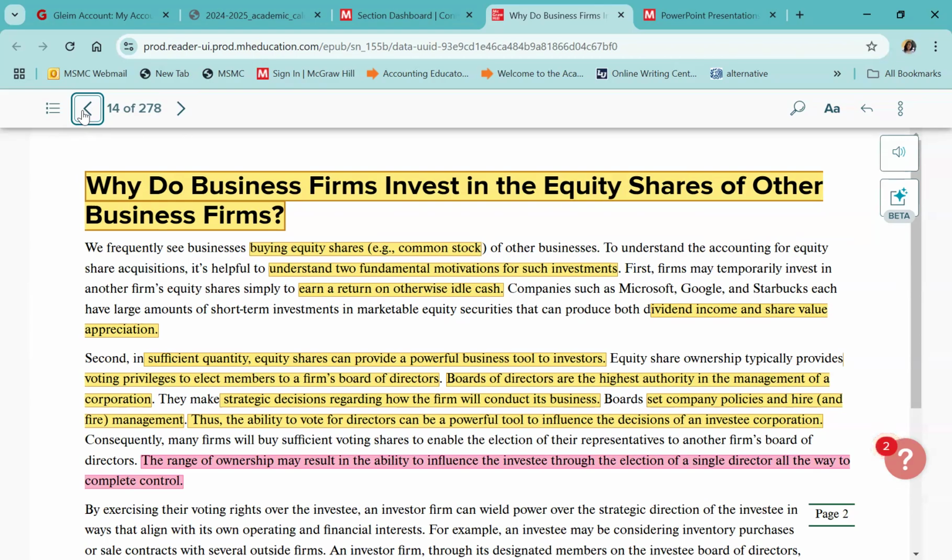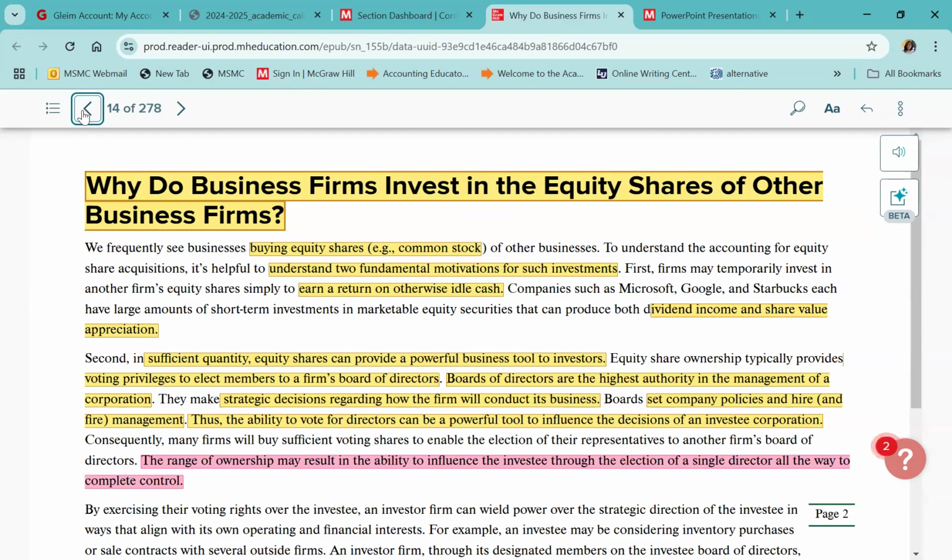So there is the fair value method and the equity method and the consolidation method that we are going to learn about in this course. That is like the most important topics that we need to learn.